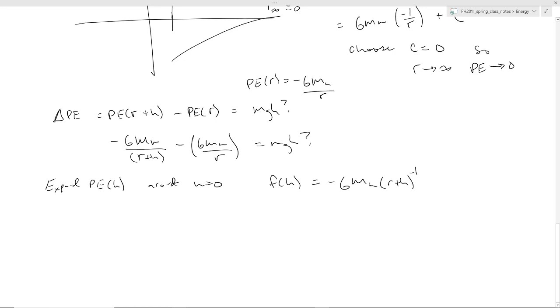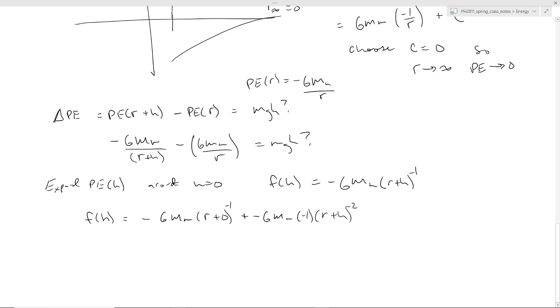So what does this look like? Well, we evaluate it at h equals 0. So that'll be the first term: negative GMm over r plus 0, plus the first derivative, GMm times negative 1 times r plus h to the negative 2.